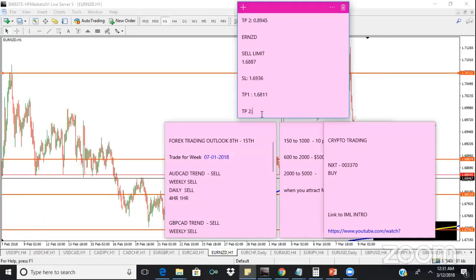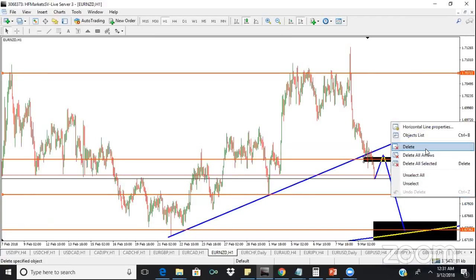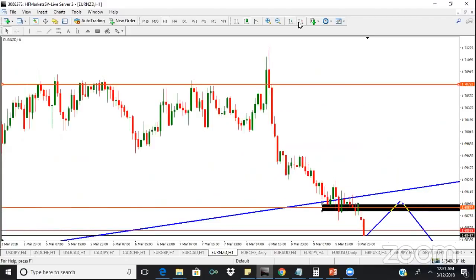TP2, 1.67. I'd rather do 46, 10 pips closer. Okay, 10 pips closer. That's what I'm looking out for on my Euro NZD.